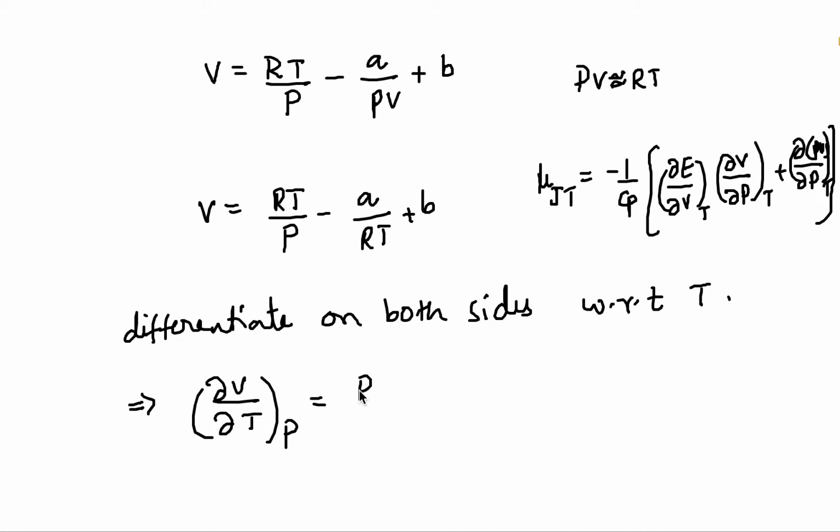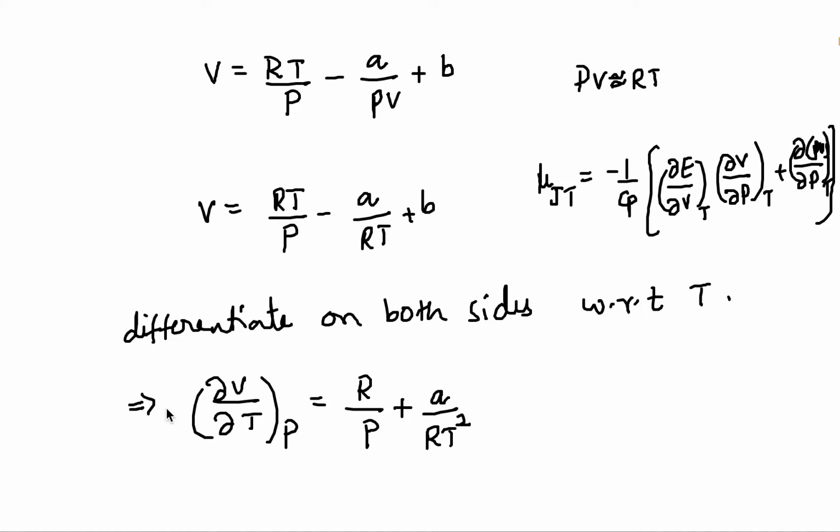Therefore this simply becomes R over P minus A over R, and we have 1 over T, whose derivative is negative 1 over T squared. So negative of negative 1 over T squared makes positive A over RT squared. Plus, what is the differentiation of B with respect to temperature? B is a constant, therefore it is simply 0. So this is the expression for dou V over dou T at constant pressure.